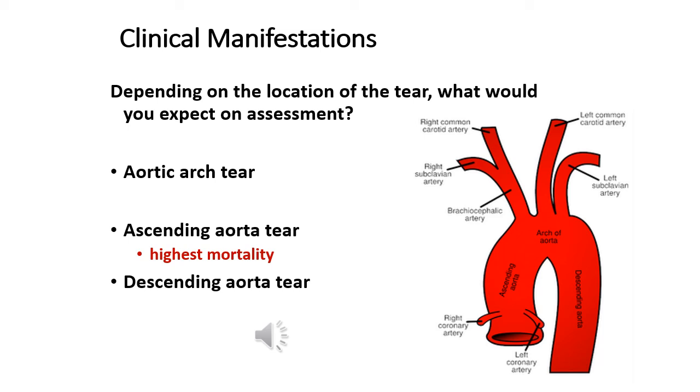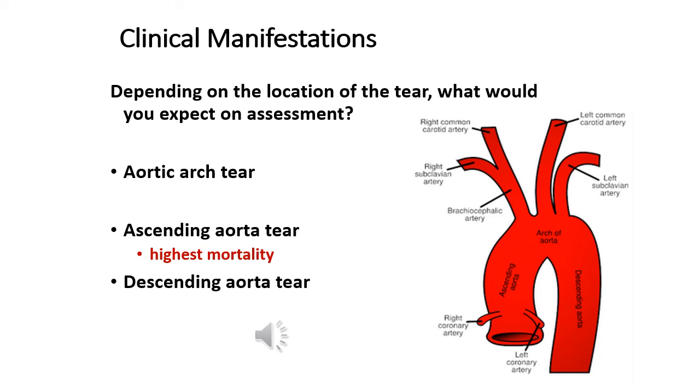This is a good picture because it helps us to know what assessment findings or clinical manifestations we will see depending on where the location of the dissection is in the aorta.